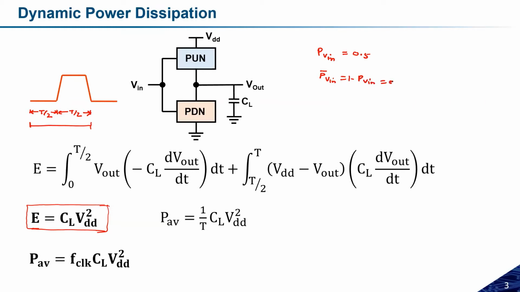Simply, this will also be equal to 0.5, and if we multiply P(Vin) times P(Vin complement), that becomes the activity factor. I will discuss it in more detail. So the activity factor simply depends on how the input is changing.